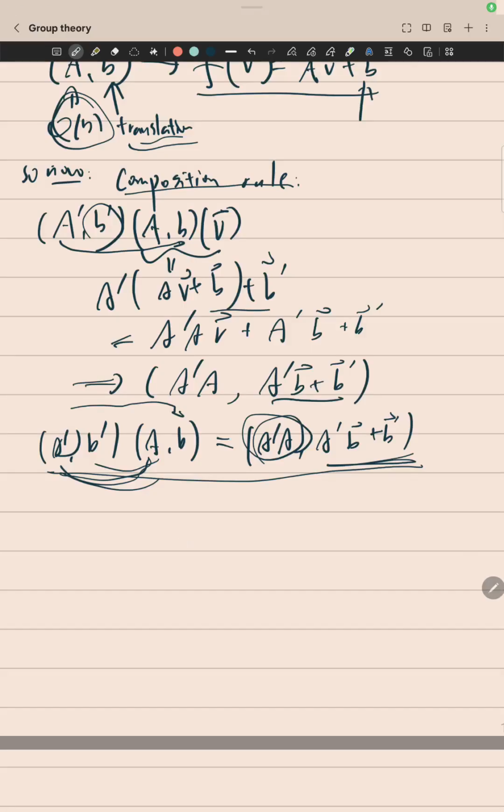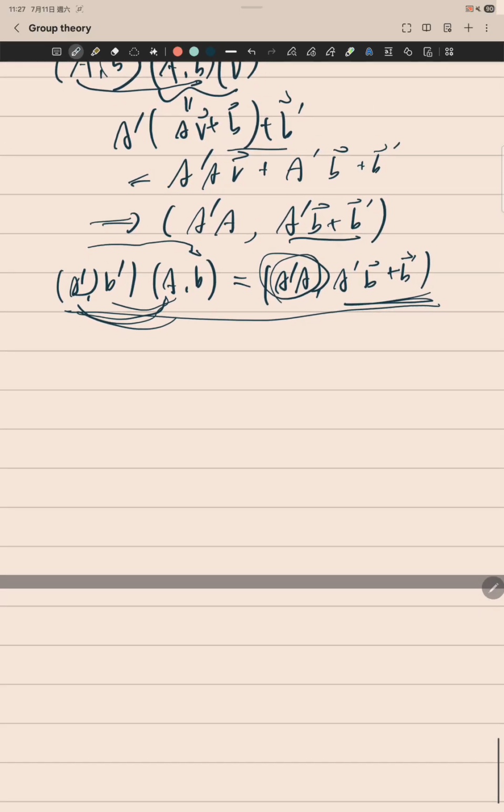So to keep going, now we can consider a map. We have the Euclidean group, right? So we can construct a homomorphism, let's call it phi.